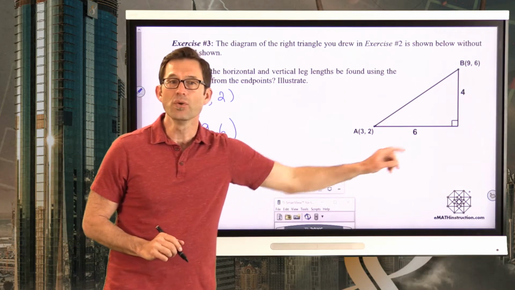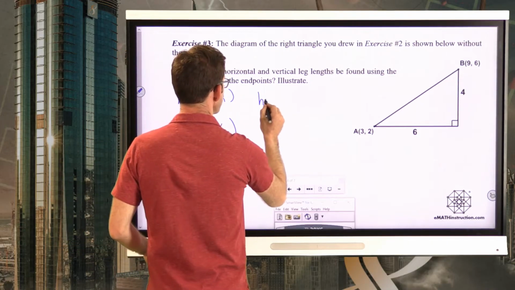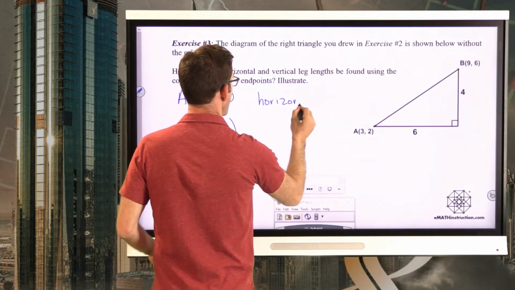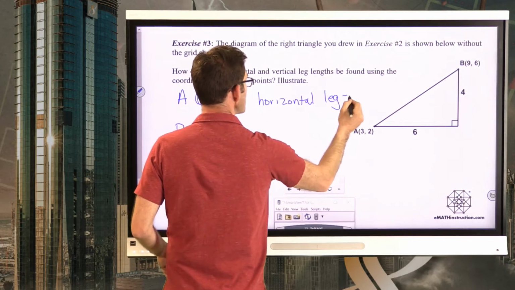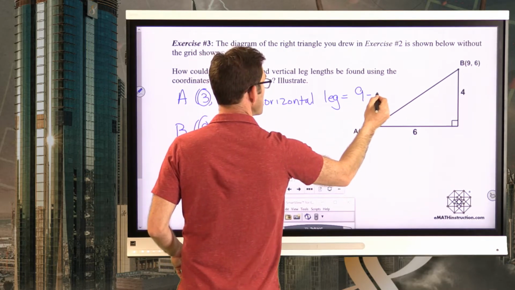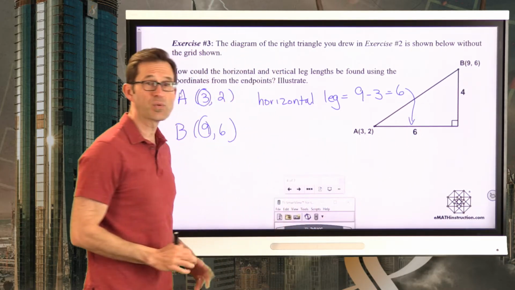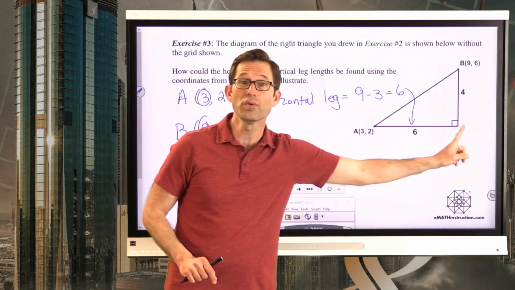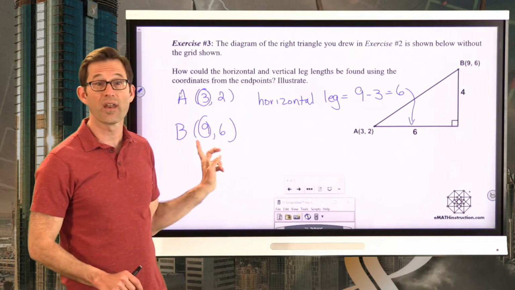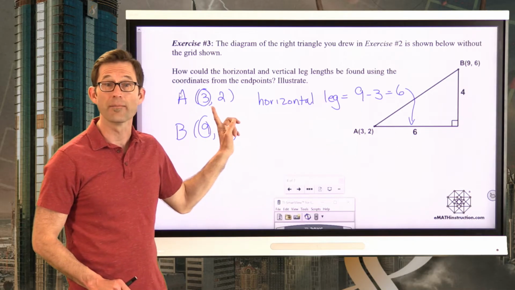Literally, this 6 units, the horizontal leg, just comes from doing 9 minus 3 and getting 6, right? That's where that comes from. This thing's at 3, and then you go 6 units to the right, and you get up to 9. So to figure out that 6, I can just do 9 minus 3.